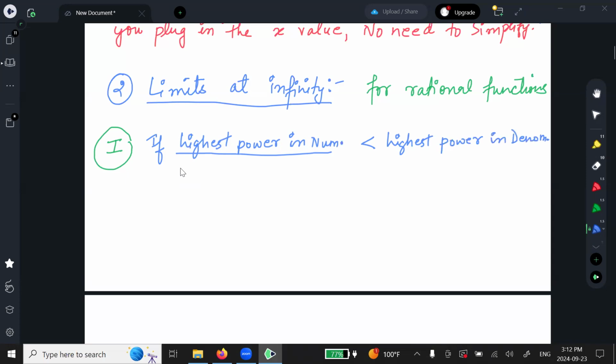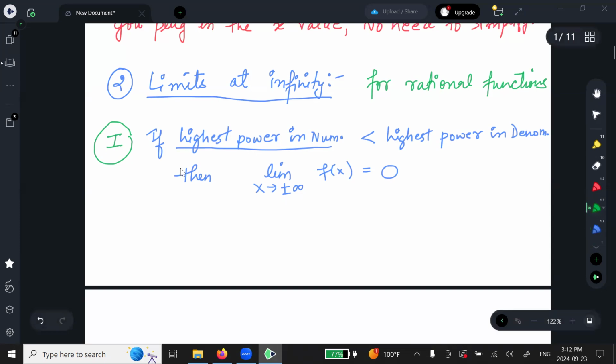You do not have to show your work in exam. Then, no matter what question it is, the limit as x approaches plus or minus infinity of that function will be 0. Okay, if it is less.